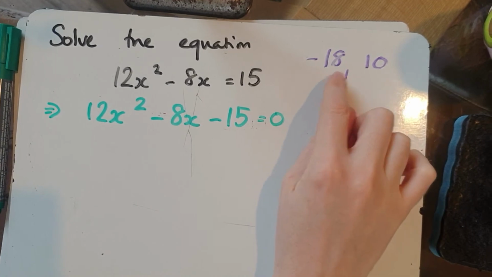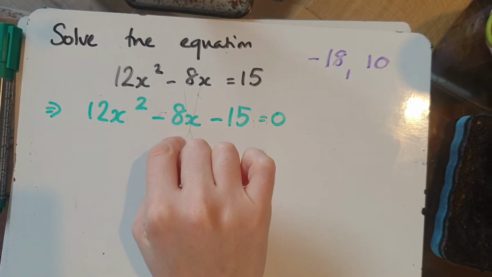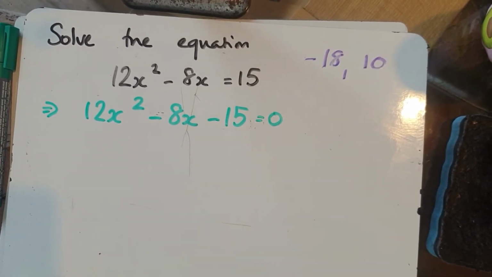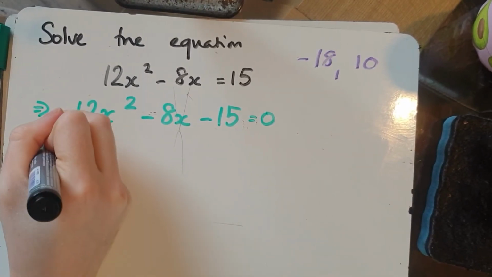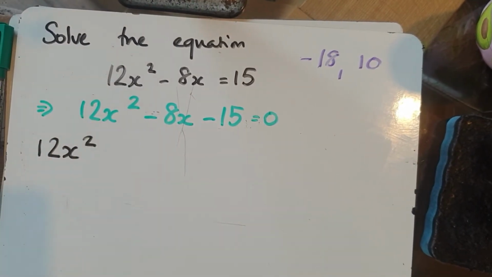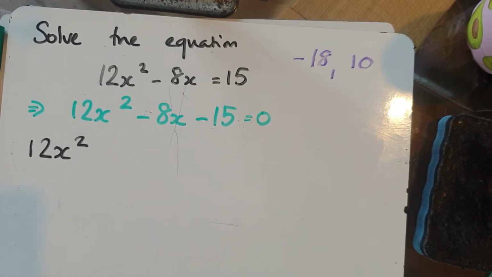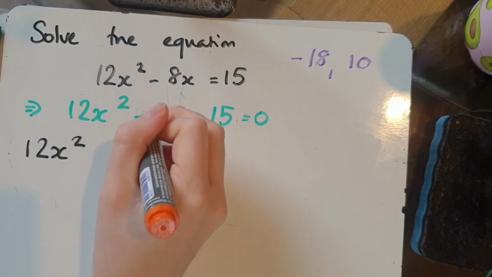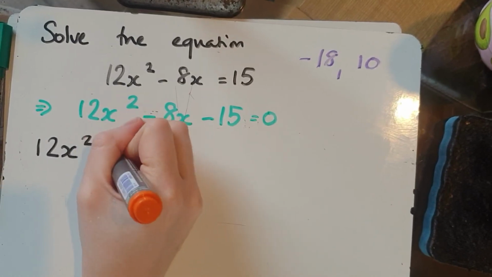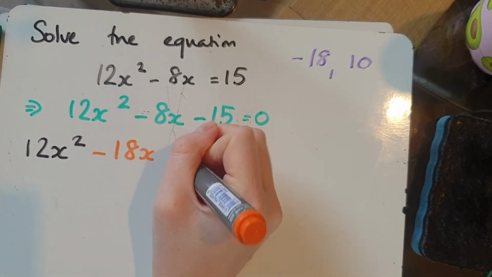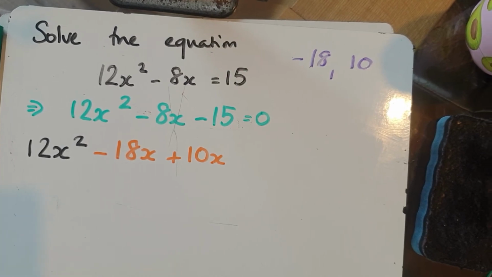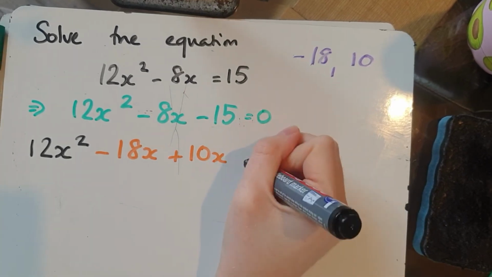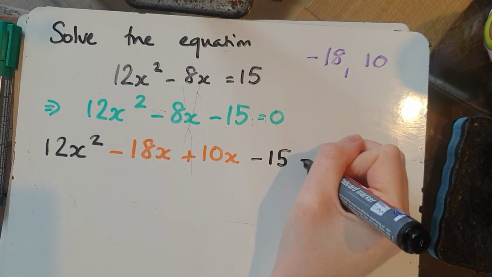So we're going to use these numbers to split this middle number. So we're going to keep 12x squared, but we're going to turn this negative 8x into minus 18x plus 10x. So it still adds to exactly the same thing. And then minus 15.